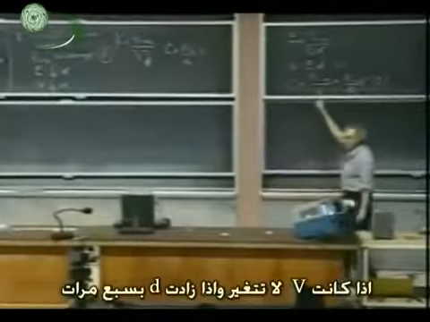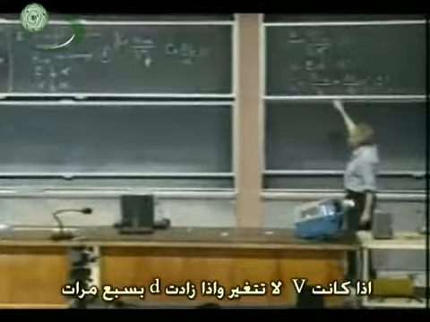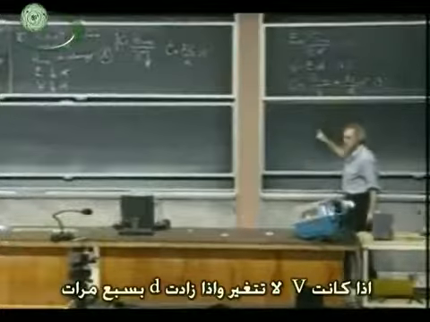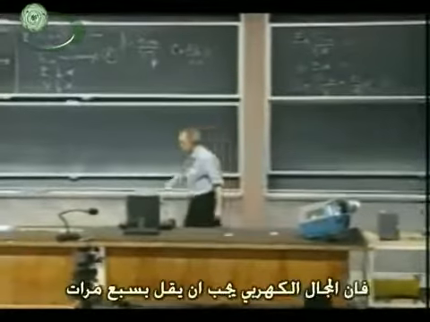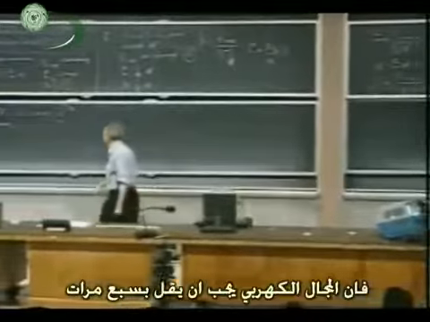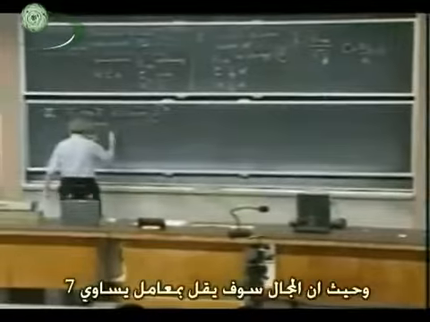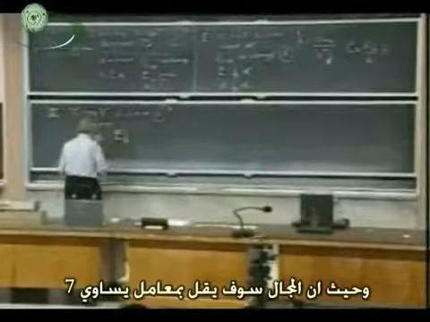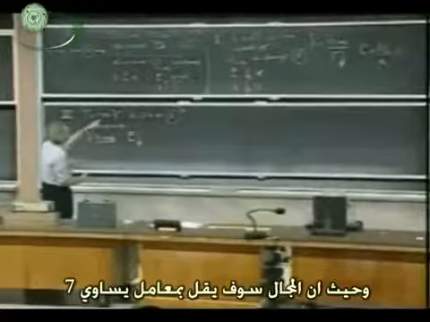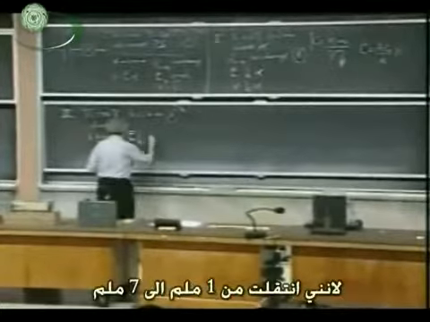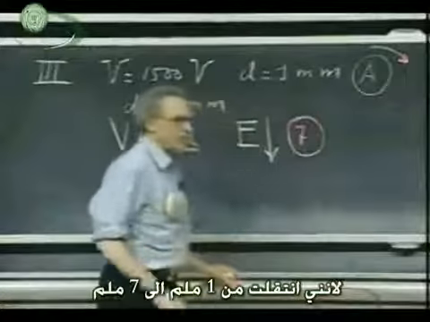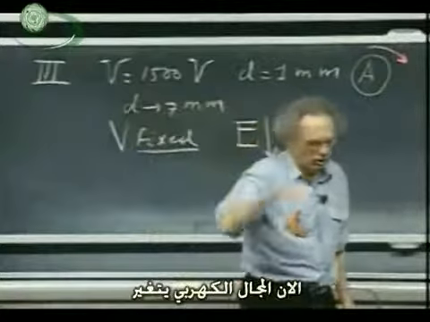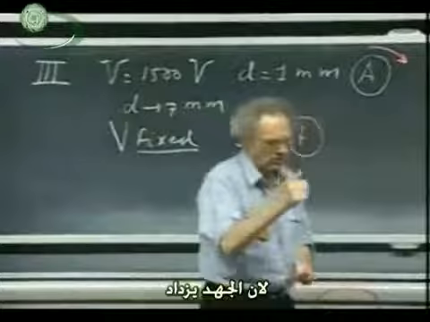If that V cannot change, and if I increase D by a factor of 7, now the electric field must come down by a factor of 7. And so now the electric field will come down by that factor of 7, because I go from 1 millimeter to 7 millimeters. So now the electric field changes, because D goes up.